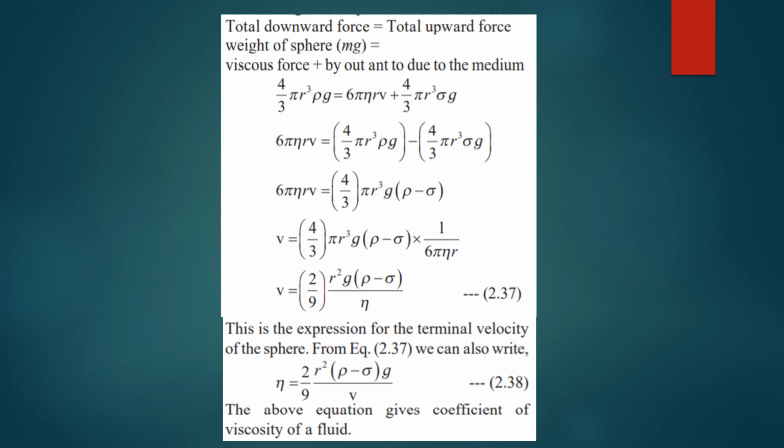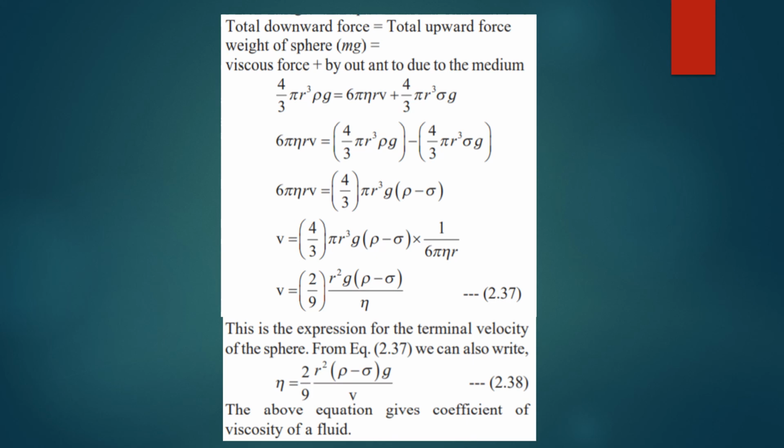For terminal velocity, net force acting on the sphere is zero, meaning the total downward force is equal to total upward force. Let us express these forces in terms of the densities. So viscous force is equal to 6 pi eta Rv, buoyancy force is equal to 4/3 pi r cube sigma g, and the weight of the sphere is equal to 4/3 pi r cube rho g.